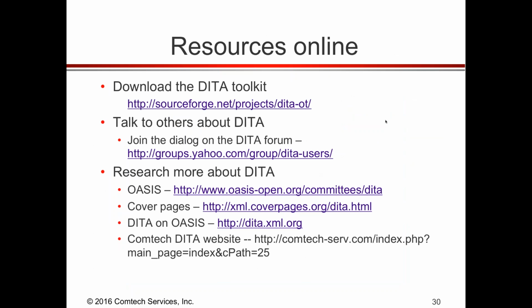Come to OASIS, look at the cover pages, DITA on OASIS, come to the publications of the adoption committee. As Stan said, we need more of them, but the ones we have are going to be helpful. Go to dita.xml.org. You can search on white papers and get a really nice collection. The Comtech DITA website has a lot of resources as well that people can look at.